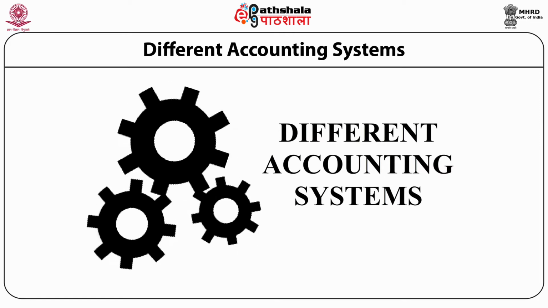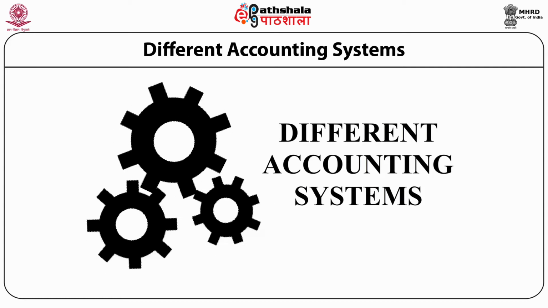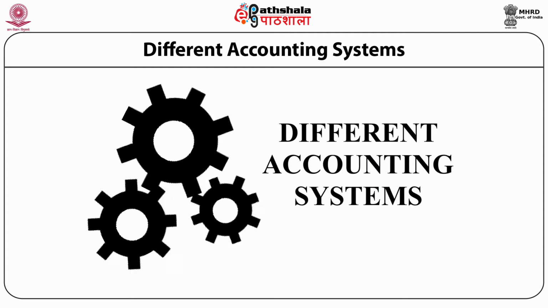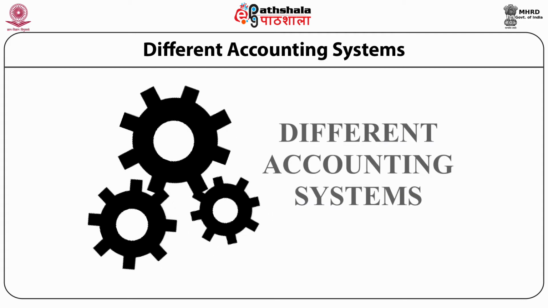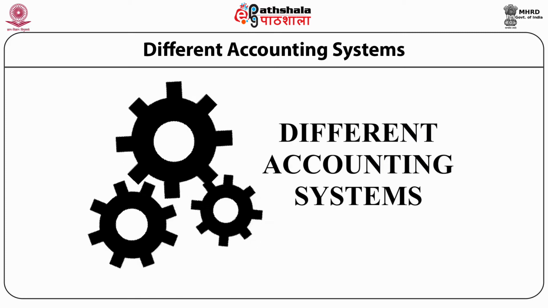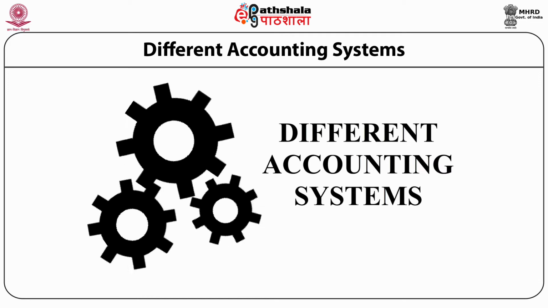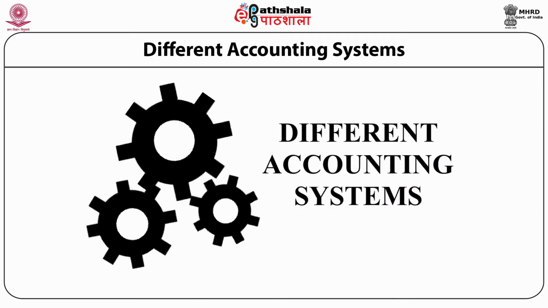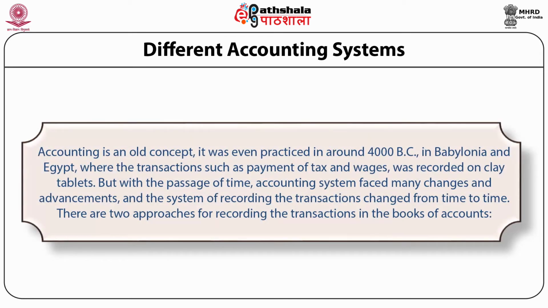For this purpose, accountants follow a certain set of accounting principles and conventions along with some predetermined rules of debit and credit. This means that for entering the transactions in the books of accounts, certain rules are to be followed by the accountants.